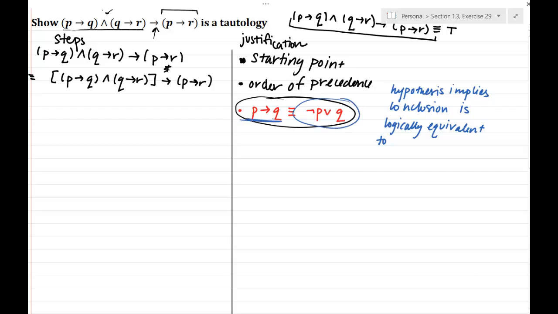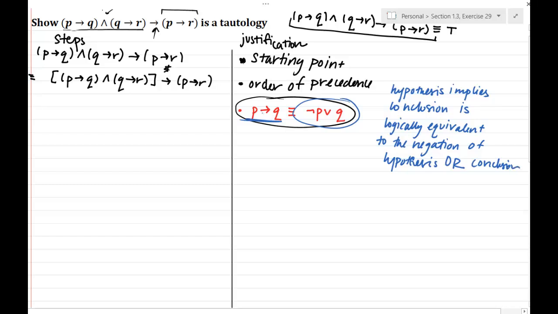So this part is logically equivalent to the negation of the hypothesis or the conclusion.